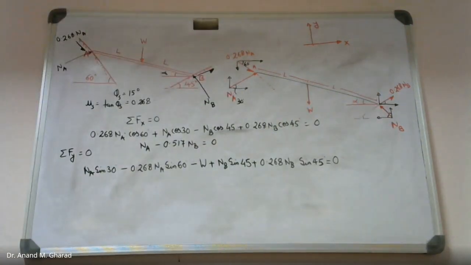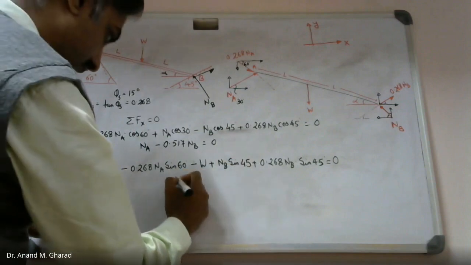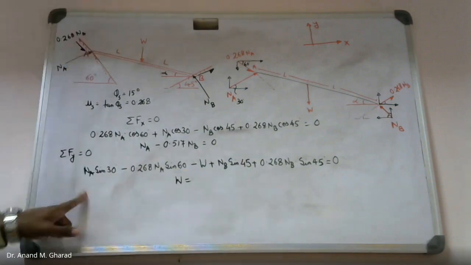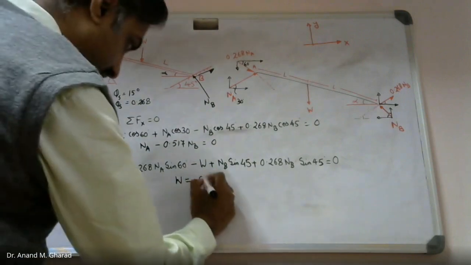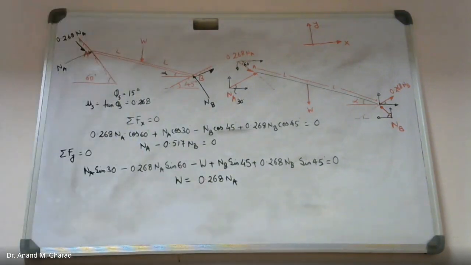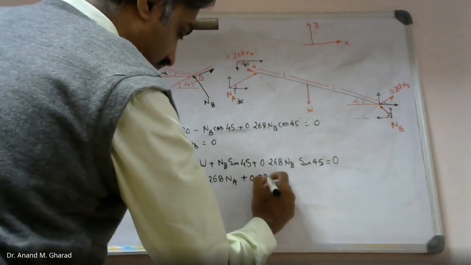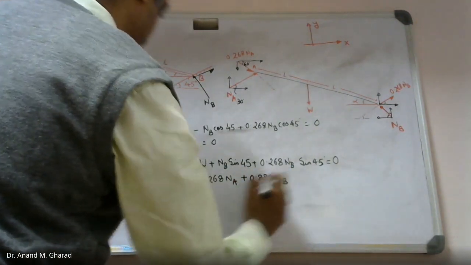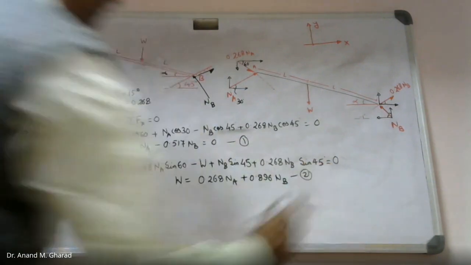So first of all, what I will do is I will bring this equation in terms of W. I am getting W equal to 0.268 times NA plus 0.896 times NB. So this is equation 1, and let's say this is equation 2.